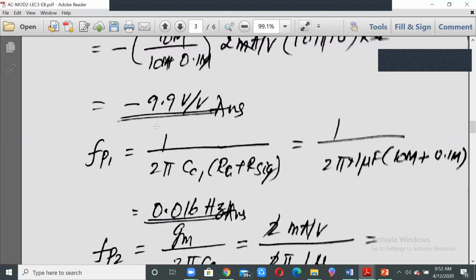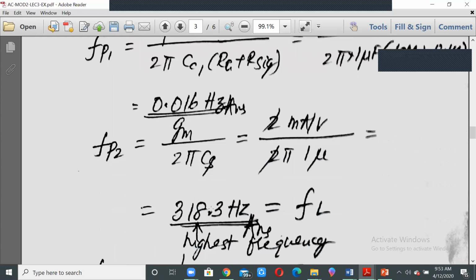fP1 formula, again the same formula we have used in the last numerical: 1 by 2π CC1 (RG plus Rsig), and we can substitute for CC1 1 microfarad, RG is 10 meg and 0.1 meg, so meg will be 10 to the power of 6, and that will cancel with micro, and hence we'll get this factor as 0.016 hertz.